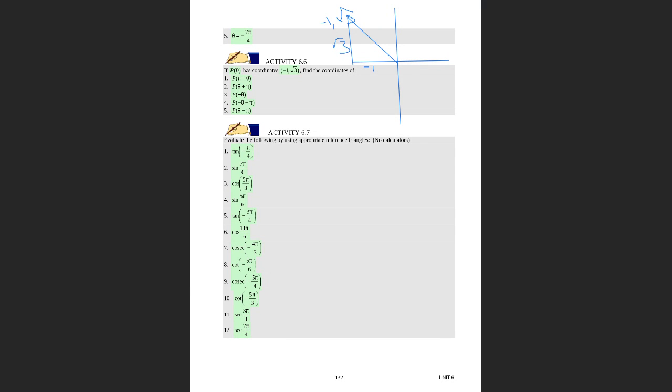Then it says P of pi minus theta. What direction is it going to go? Like, if here is theta, let me correct.